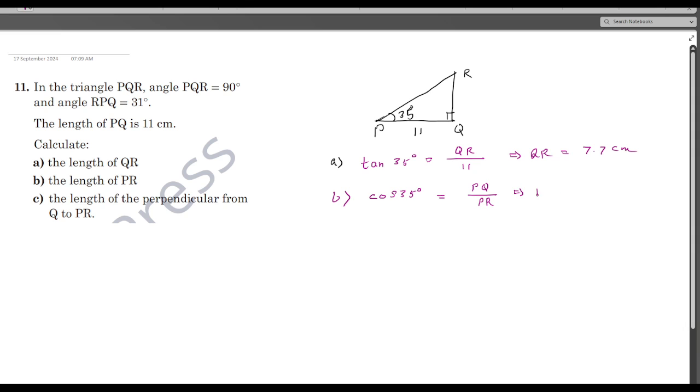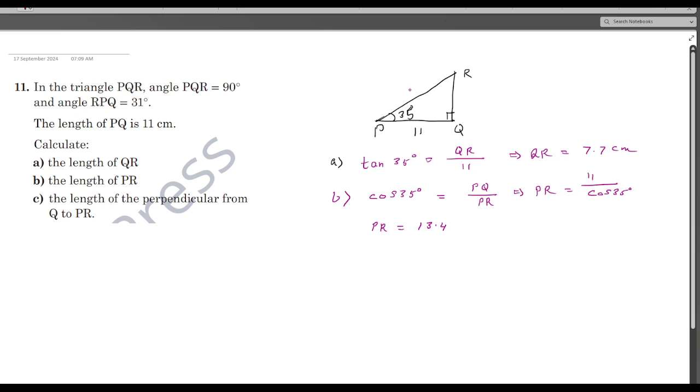So this gives you the value of PR as PQ, which is 11, divided by cos 35 degrees. So the value of PR is 13.4.